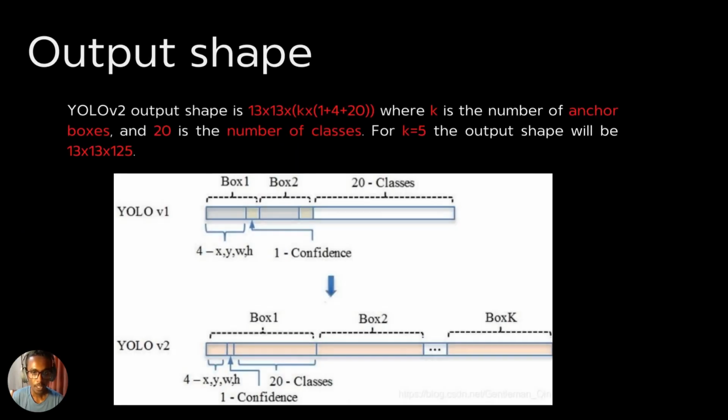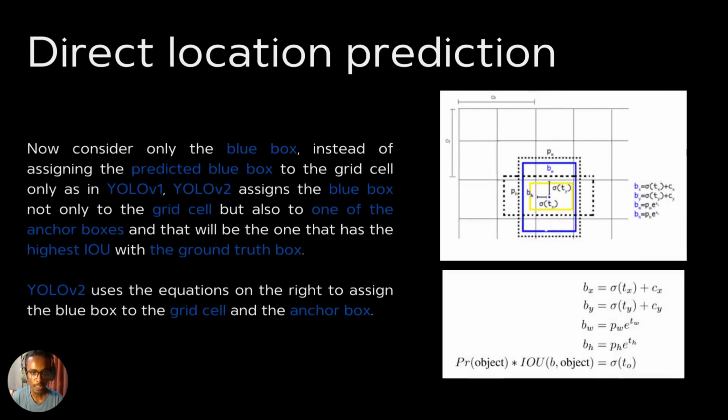So that's what we're doing here. So pw and ph are the values of the width and the height of the anchor box, which are predefined from the training procedure when we selected the anchor box.